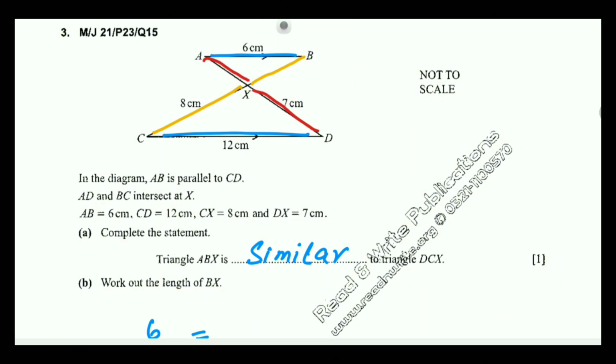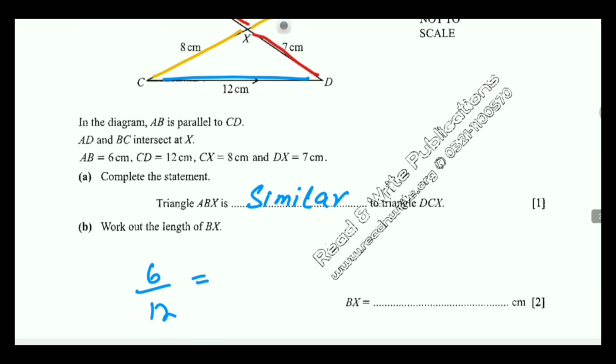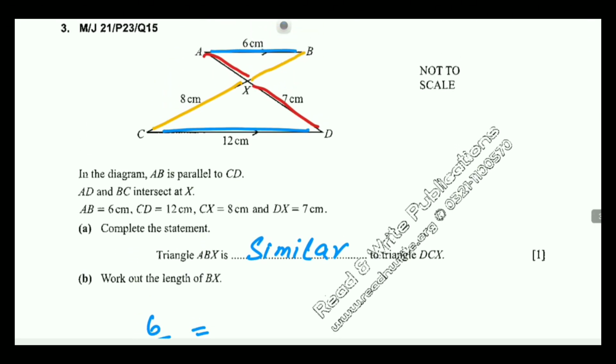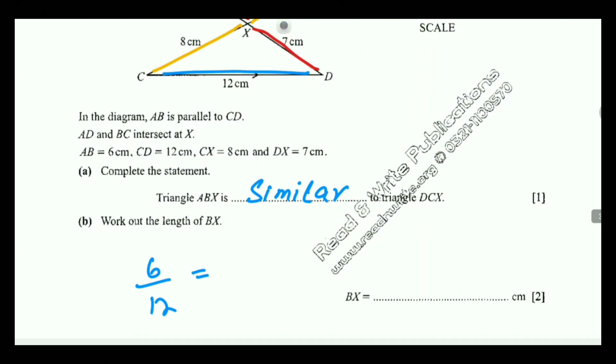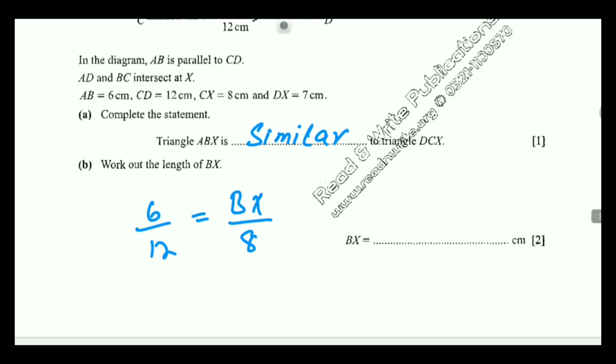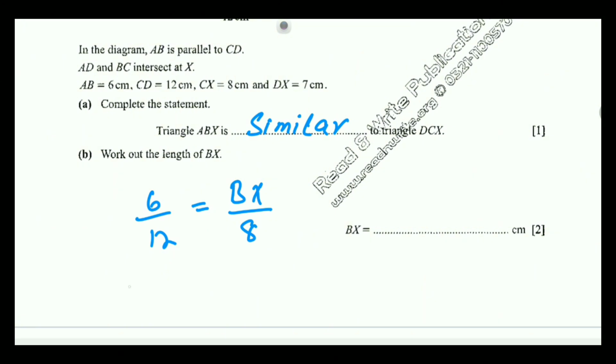So let's solve. 6 by 12 is equal to, now we are going to find BX, so we will write here BX over CX. BX over CX is 8. So this is the way how we will solve it, how we will find the value of BX.